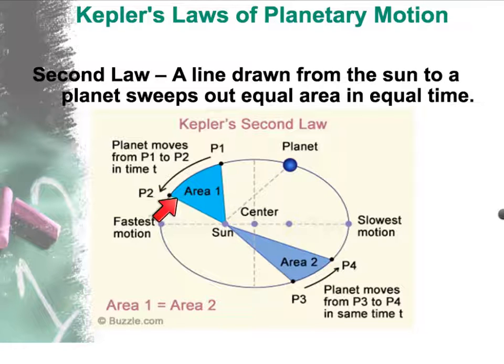And if you take a similar change in time sometime later on in the planet's orbit, it will sweep out a different shape of area. But what Kepler recognized is that the areas of both of these swept out regions are equal.